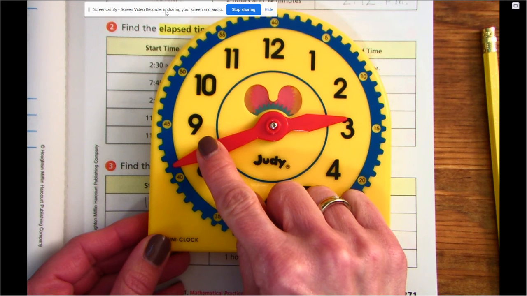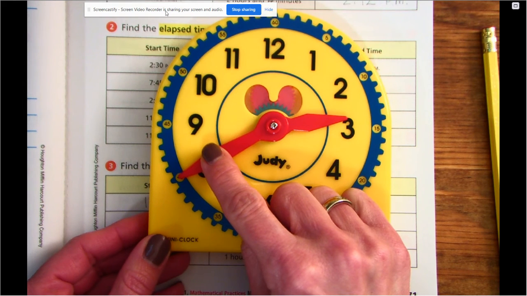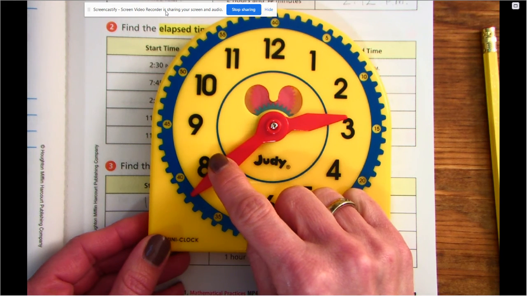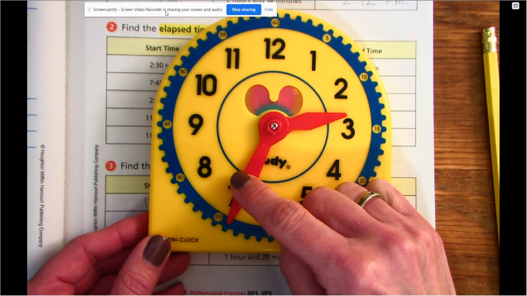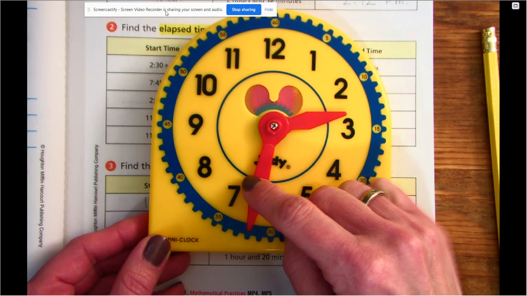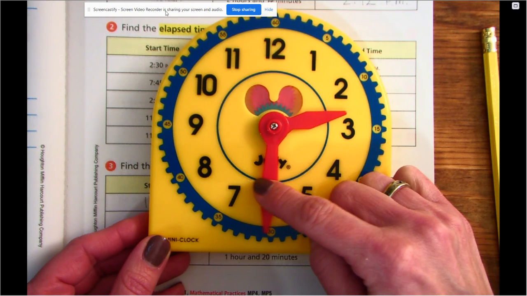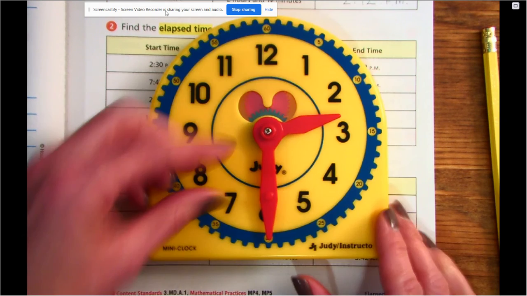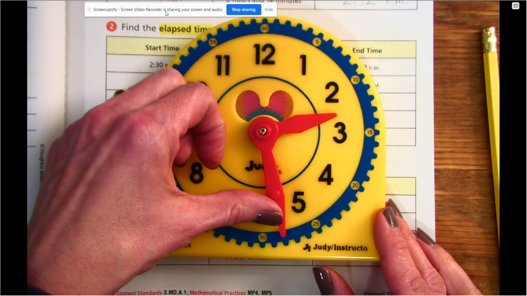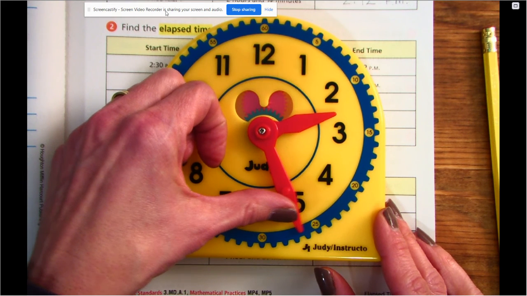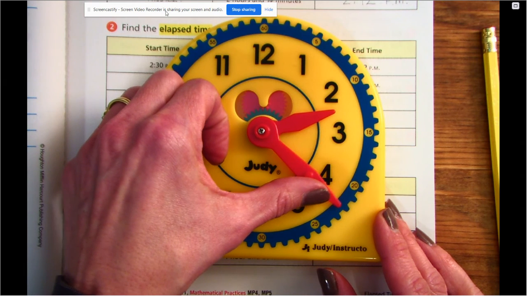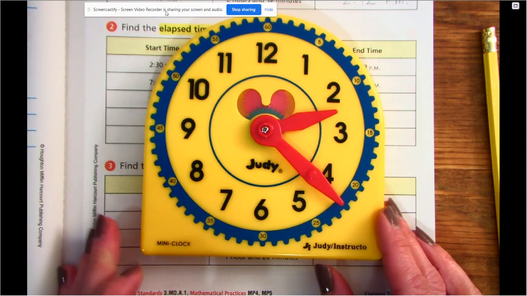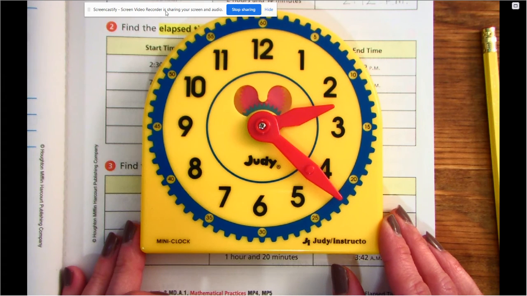1, 2, 3, 4, 5, 6, 7, 8, 9, 10, 11, 12. I'm almost there. 13, 14, 15, 16, 17, 18, 19, 20. So I've gone back 1 whole hour and 20 more minutes.